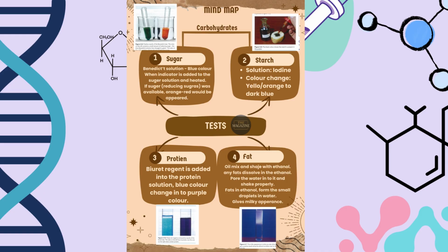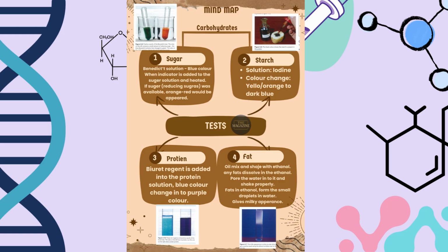Especially for the carbohydrate test, there are 2 types of test. The first one is the sugar test, and the other one is the starch test. For a sugar, or reducing sugar, we have to check.